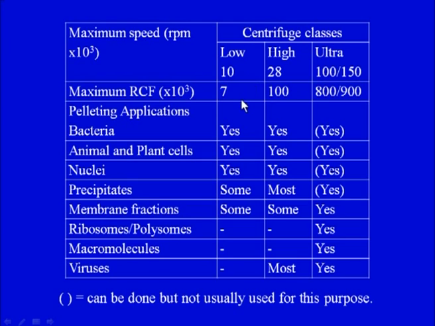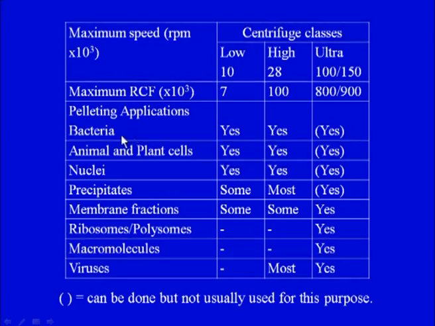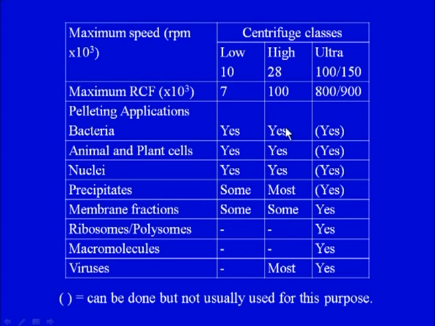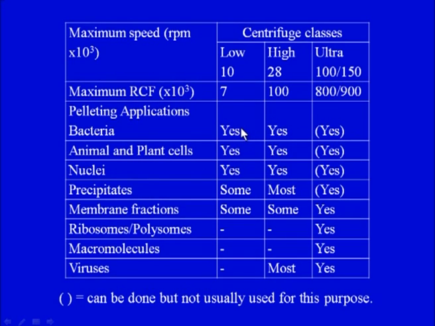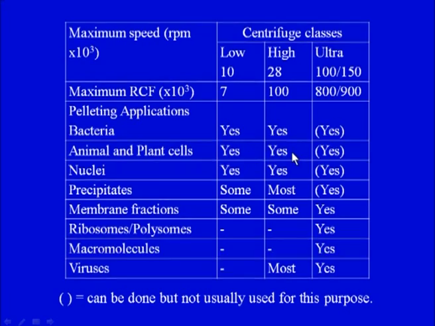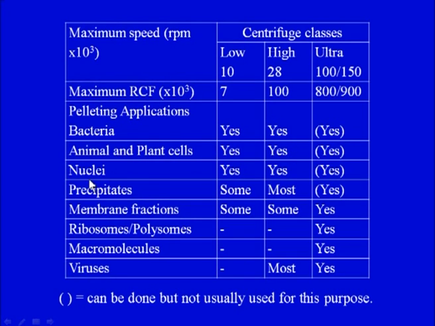What kinds of pelleting applications could be performed with these speeds? These are listed here. Bacteria can be pelleted at all of these, but you do not really require an ultracentrifuge for this, though you can do it; it could be done at low and high speed centrifuges. Likewise, animal and plant cells can also be pelleted at up to high speed centrifuges.